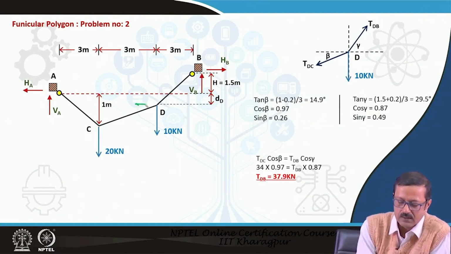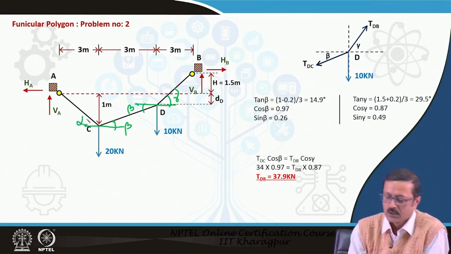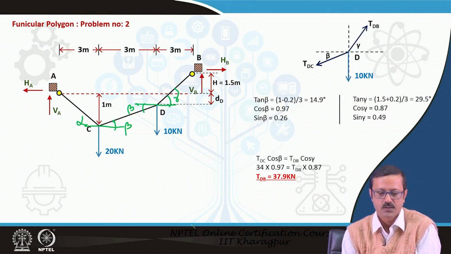The beta angle is this angle and the gamma angle is this angle. Earlier this angle was beta and this angle was alpha. From the geometry I know everything, so I can find out those angles, and finally I can find out the tension in DB also.